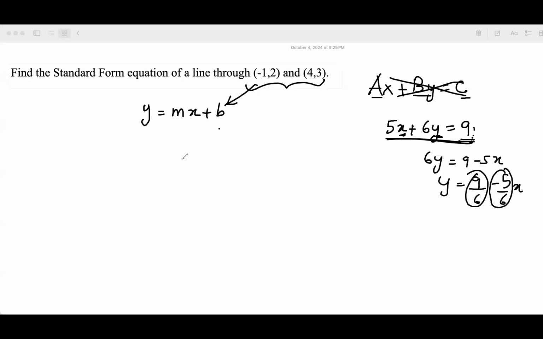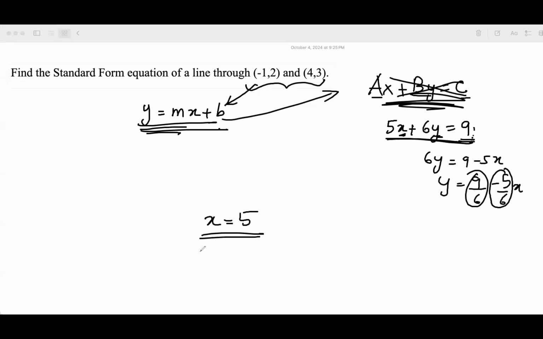From these points, write the equation of the line in slope-intercept form. Don't even go here. First, write this and then convert it to this. You got it, Annam? Yeah. First, write the equation in slope-intercept form. Then conversion is easy because you're going to bring y and x to one side. Miss Priya, did I answer correctly? Uh-huh.